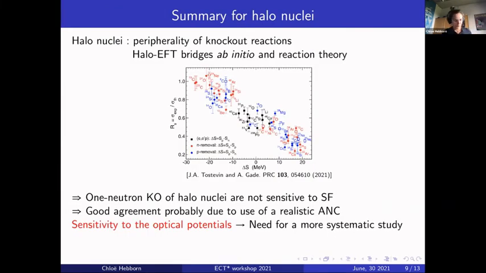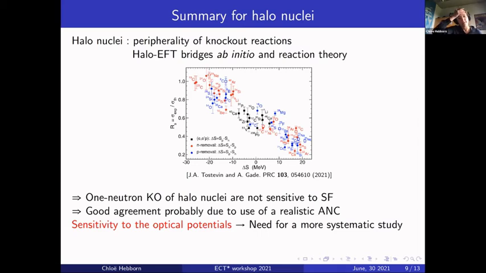So what we kind of saw for these halo nuclei is that knockout reactions are peripheral, meaning that you only probe the asymptotics, and that the halo EFT approach is very efficient at bridging ab initio prediction and reaction theory. And to comment a bit on the plot of Tostevin and Gade that Mac was just showing, the one-neutron knockout reaction of loosely bound nuclei would be the data on the top left corner.